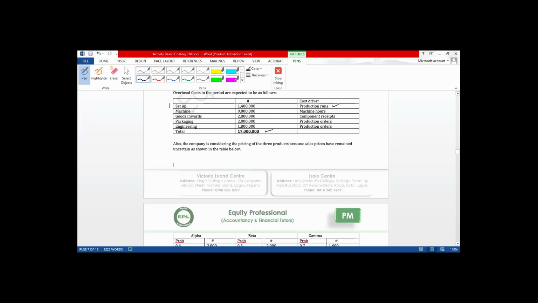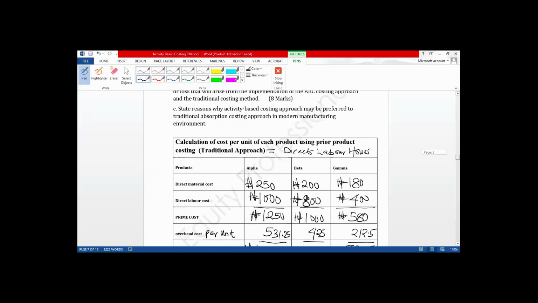When you are done, you go to machine. Look at machine. Machine overhead is 9 million. Examiner says machine hour is the cost driver. This is activity 2.